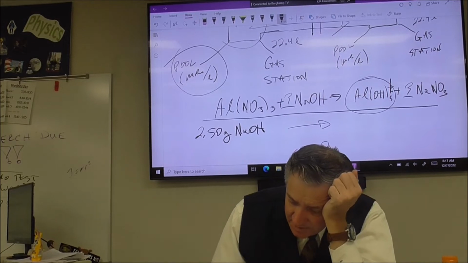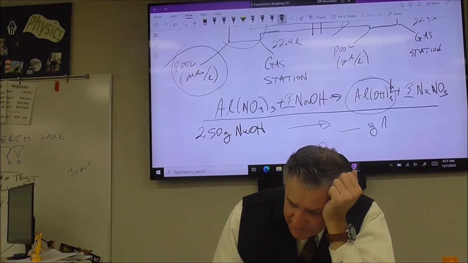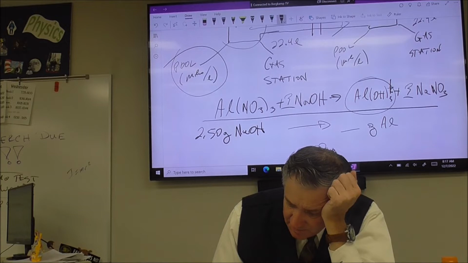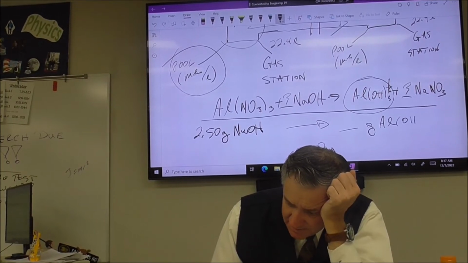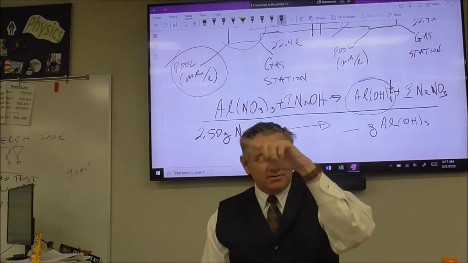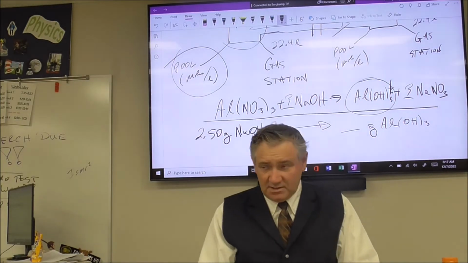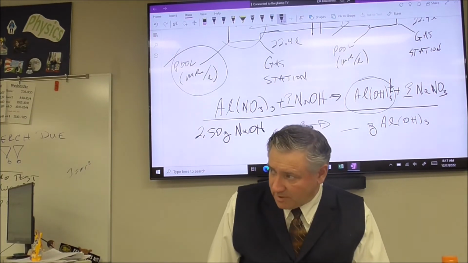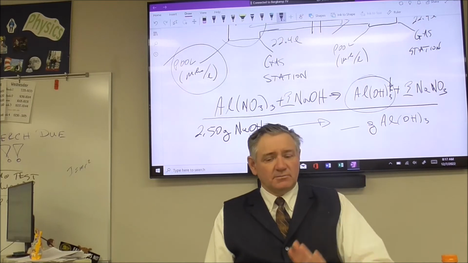What I want to know is how many grams of aluminum hydroxide I should produce as the precipitate, because aluminum hydroxide is my precipitate. It's insoluble.